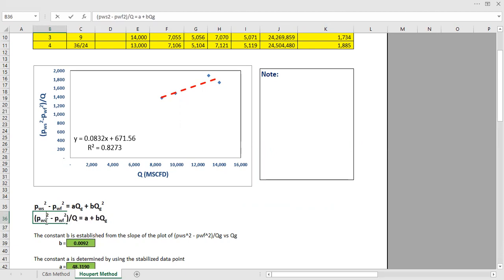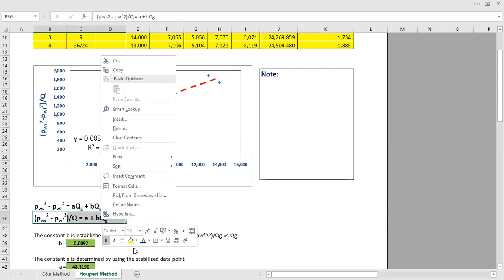PWS squared minus PWF squared divided by the flow rate equals A plus B multiplied by the flow rate. And this is our main equation.